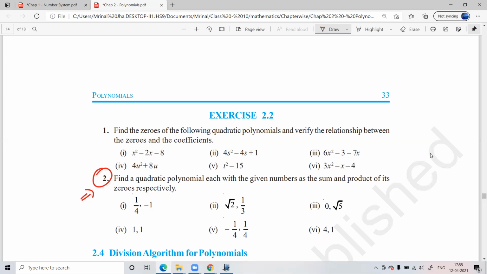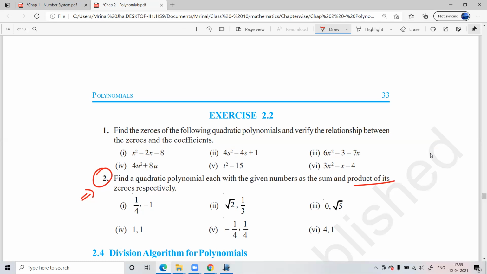Find a quadratic polynomial, each with the given number as sum and product of its zeros. So you see the question, there are two numbers given. The first one is 1 by 4, the second one is minus 1. What are these?